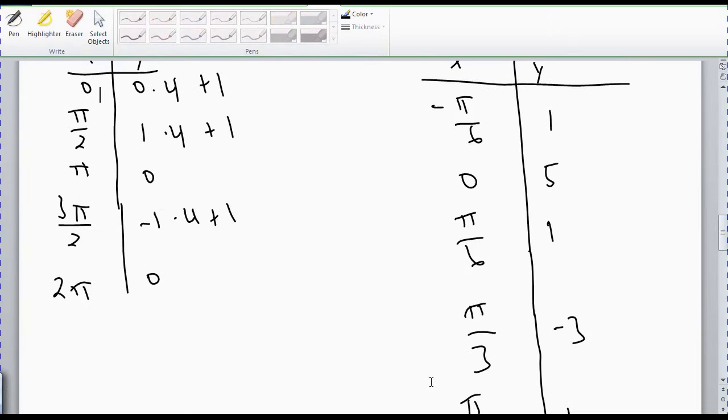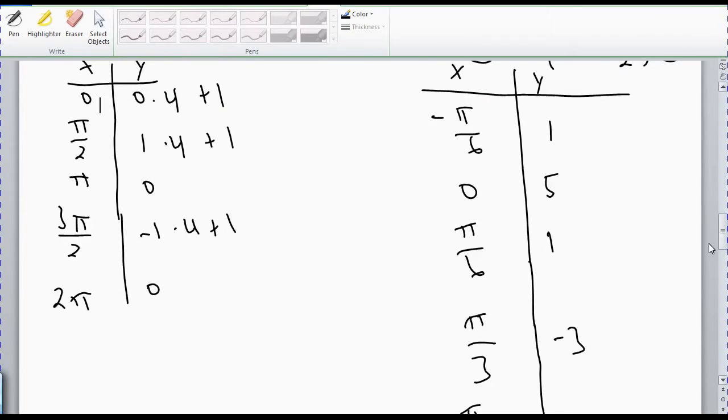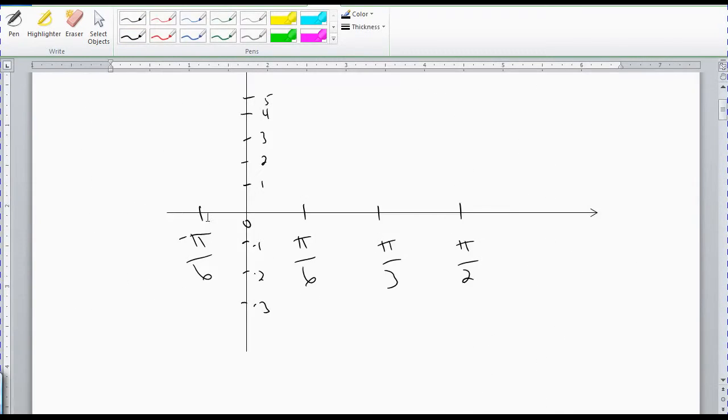And the points that I have: 1, 5, 1, negative 3, 1. And so I'm going to plot them, connect them. I can keep on going if I want to in either direction.